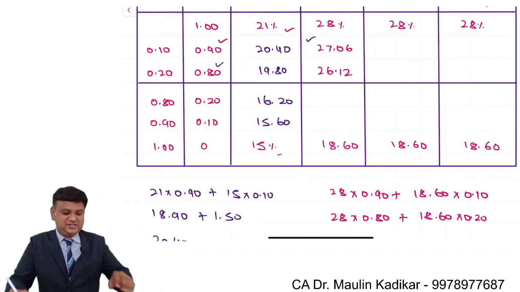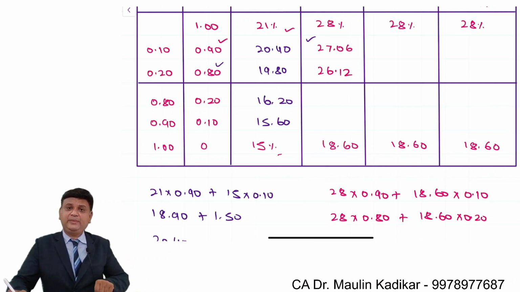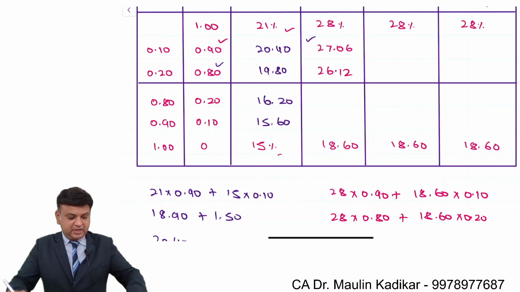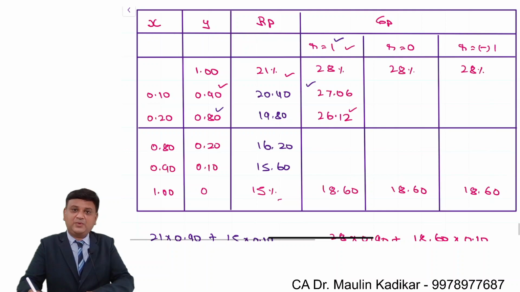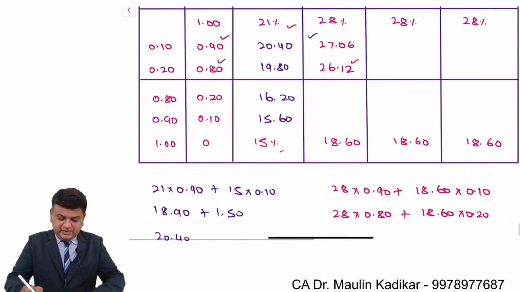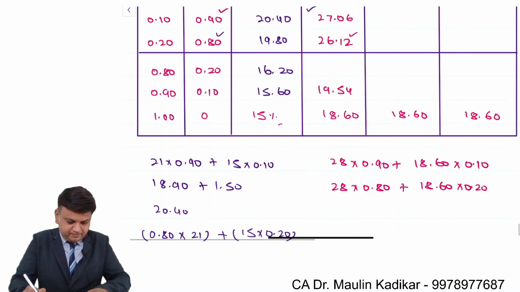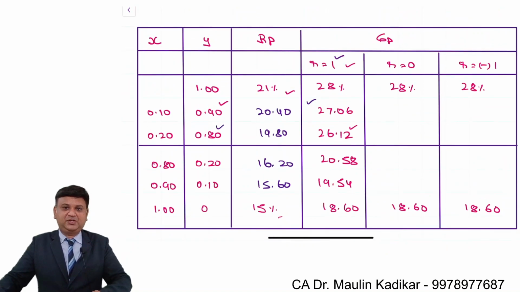So now what you can see, friends, 28 minus 27.06, the risk of the portfolio reduces by 0.94 percentage. 27.06 minus 0.94 is 26.12. Like that, the risk of the portfolio will reduce proportionately. Why? Because the correlation coefficient is positive 1. So 18.6 plus 0.94 will be 19.54, plus 0.94 comes to 20.58, and so on. We will have the standard deviation.